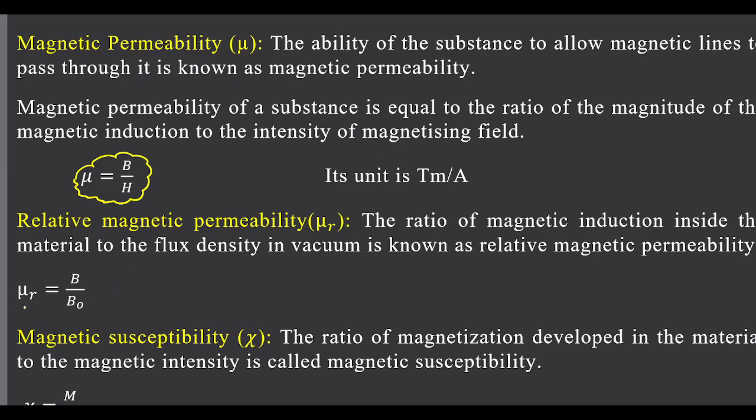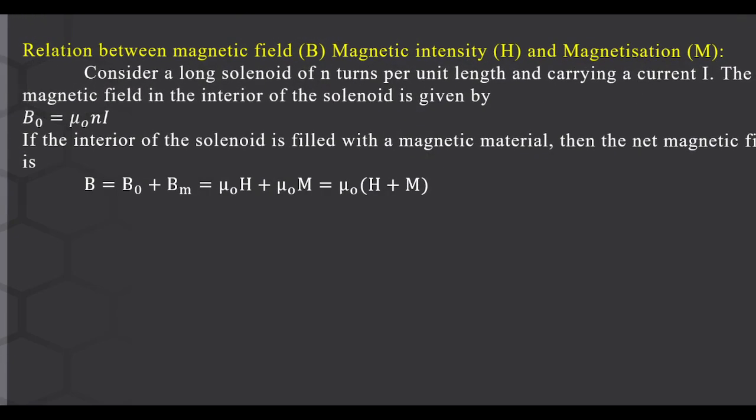Then we have relative magnetic permeability, mu r is equal to B by B naught, and susceptibility is given by M by H. These are the different formulae. These definitions are very important for your board examination. Chi is the susceptibility, mu r is relative permeability, and mu is permeability of the given medium. You can pause the video and write the formulae.